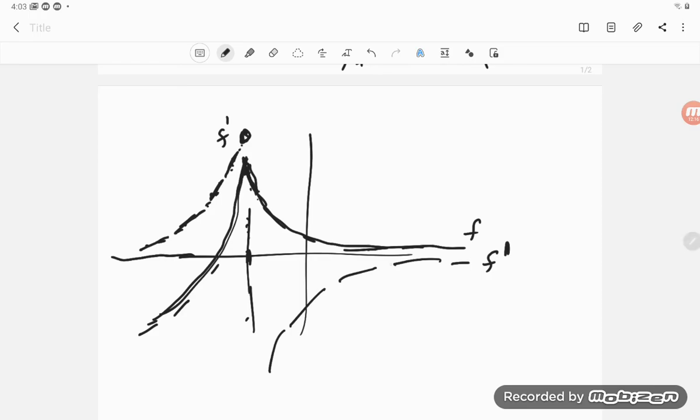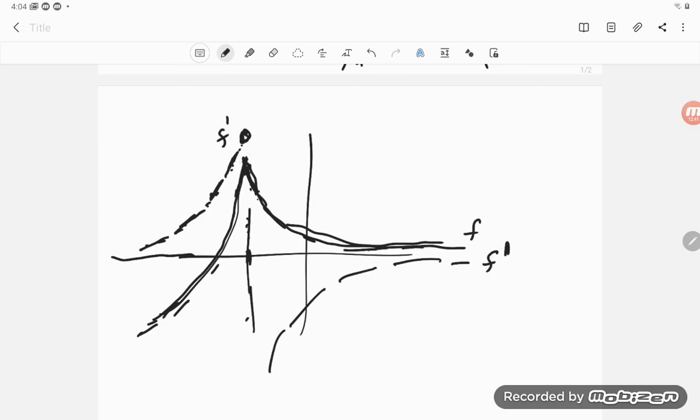Okay, and then f double prime, what's going on there? Well, this is concave up, and this other side is concave up, so I should see f double prime positive everywhere. And again, I'm not sure of this curve.